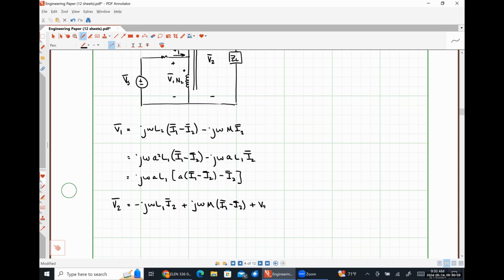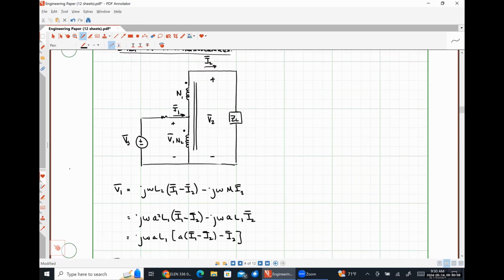And then we will have plus, excuse me, V1. Apologies there. And the reason why we have plus V1 is those first two terms are just what's going on for coil 1, but V2 is defined to be the voltage drop over coil 1 and coil 2 together.